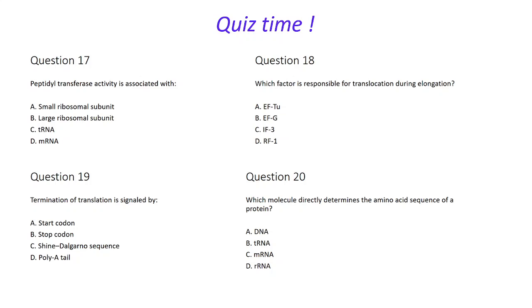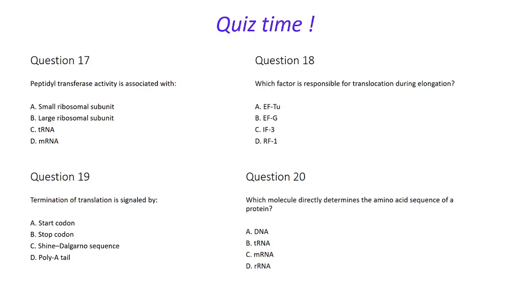DNA, tRNA, mRNA, or rRNA? So which molecule determines the amino acid sequence of a protein?